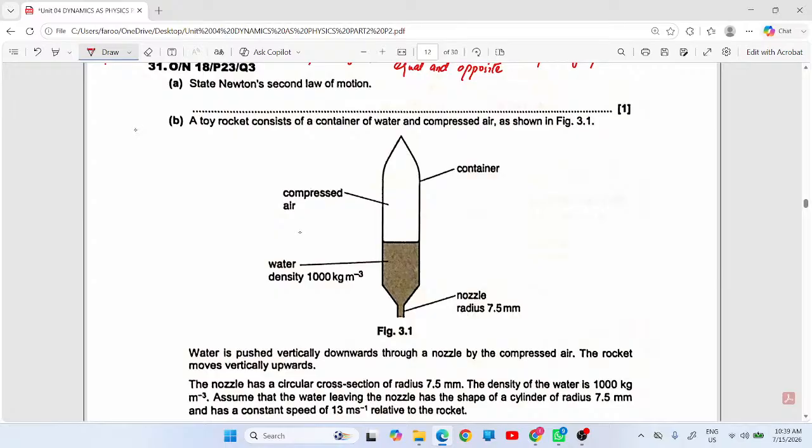The resultant force is directly proportional to, equal to, the rate of change of momentum.